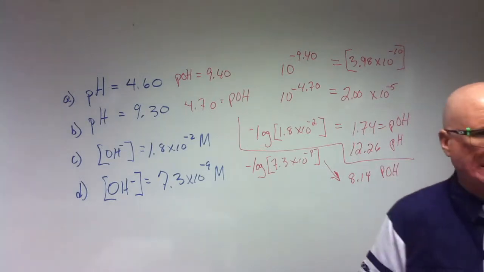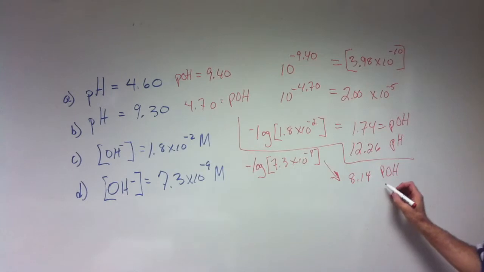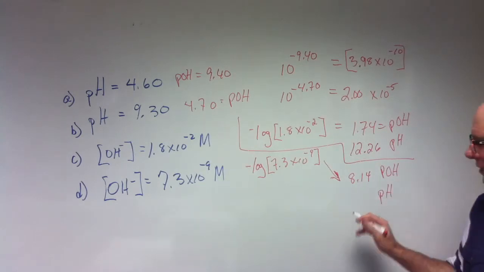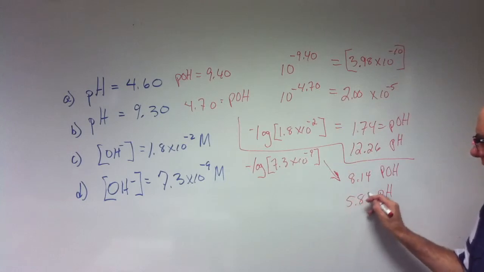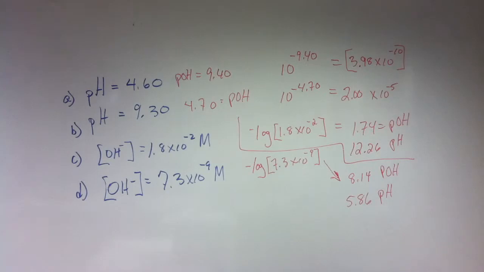Always mark down what it is. That can be confusing. You've got to keep your wits about you. And then the pH would be 5.86. Clear? Are we done? Is that all on the screen here? All right. Excellent.